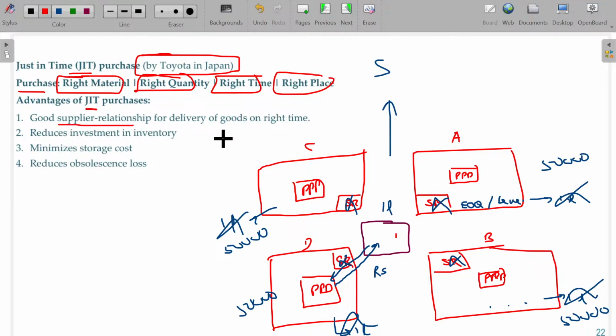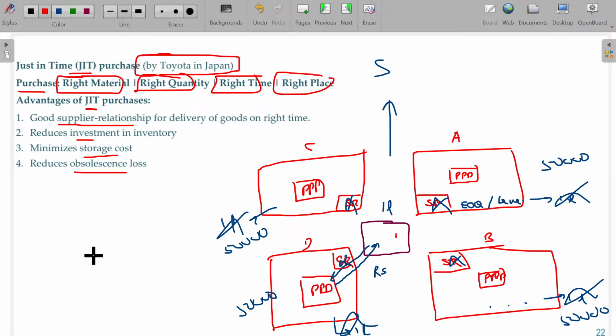Reduces the investment. We don't keep the material, so we never bother about the investment in inventory. Minimizes storage cost and obsolescence loss. If I keep it for 2 to 3 years, the stock may be lost, obsolescence loss. Now I don't keep this. This is now kept by the supplier on behalf of me. I never bother about that.